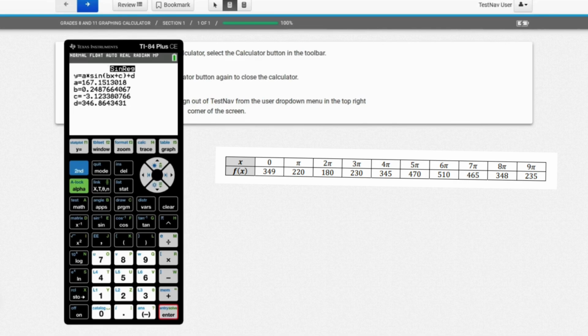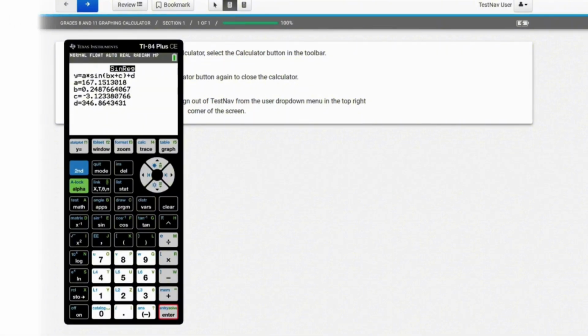So 0.249x minus 3.123. And then close the parentheses and add that number, 346.864. So not the prettiest picture, but we did it.